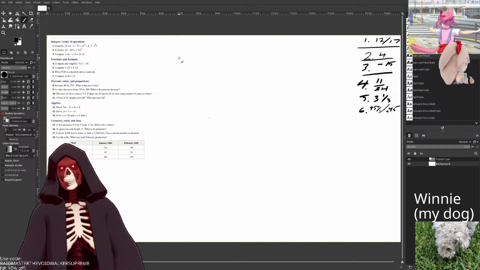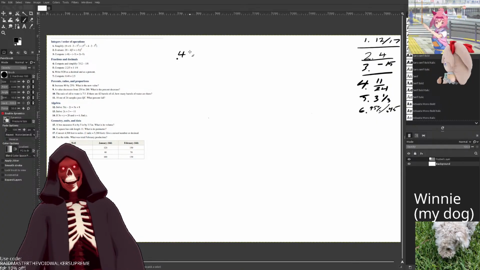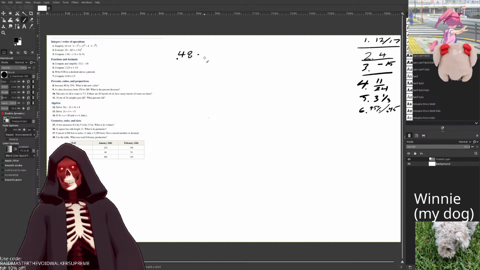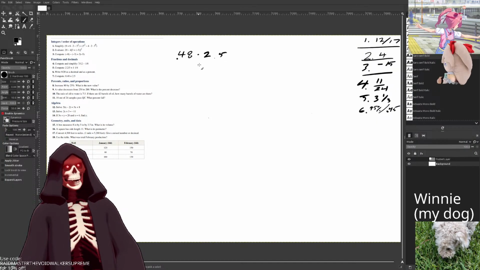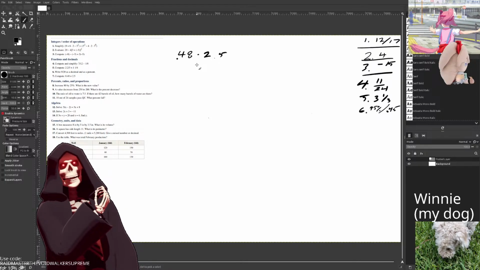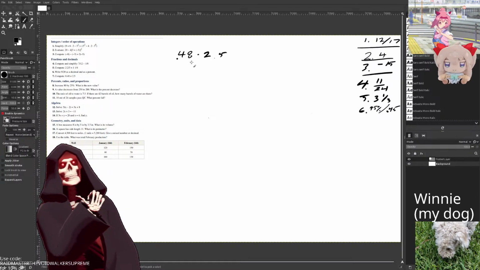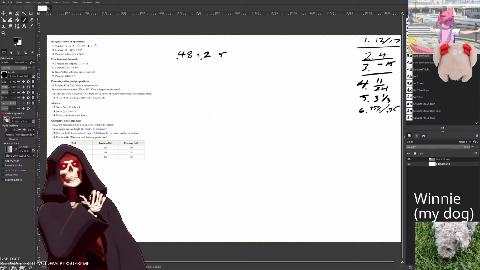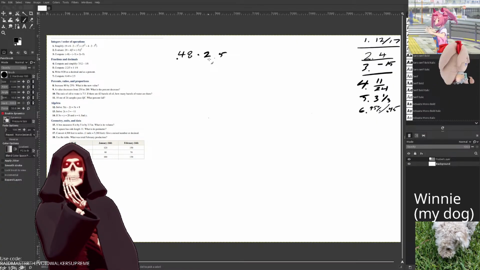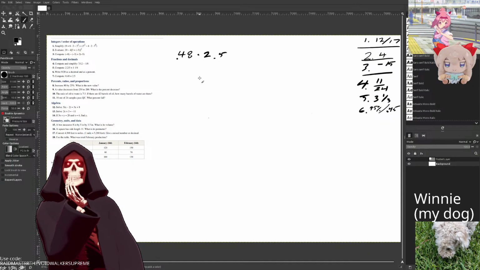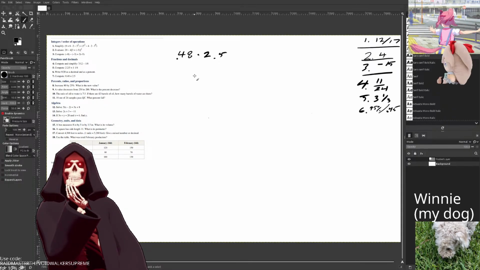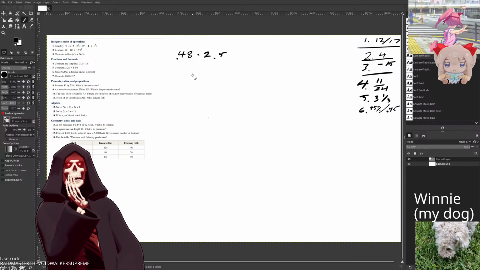Now we get to 7, which is just 0.48 times 2.5, and it's about 120.